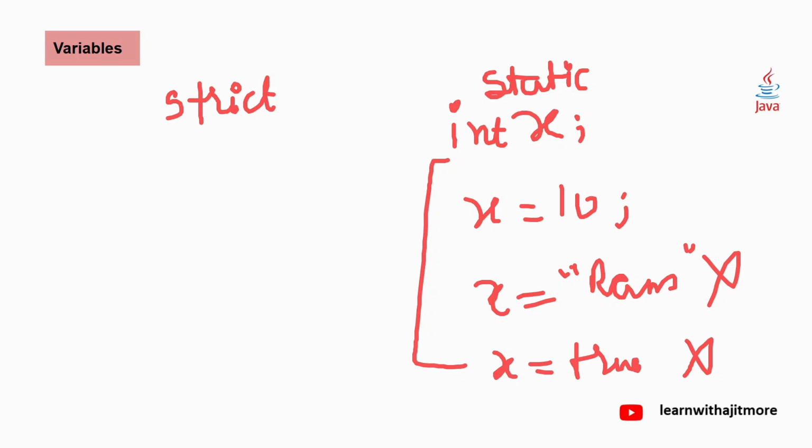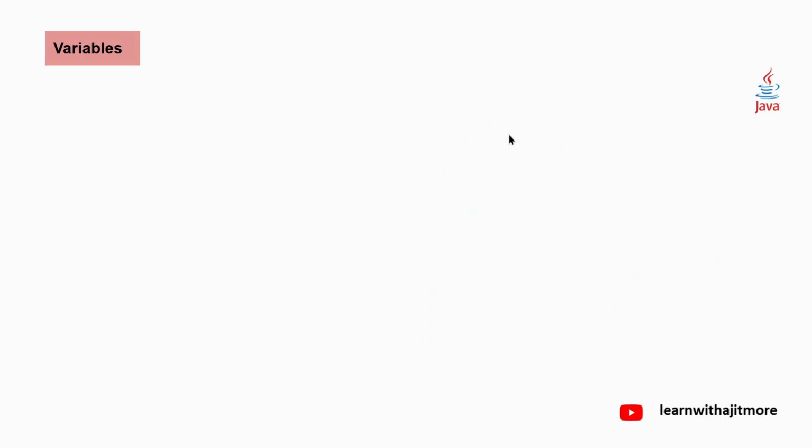It cannot change its type timely. That is strict type. And static type, without declaration, you cannot use. And at the time of declaration, means at the time of compilation only, you are announcing the data type. Okay, so that is the speciality.